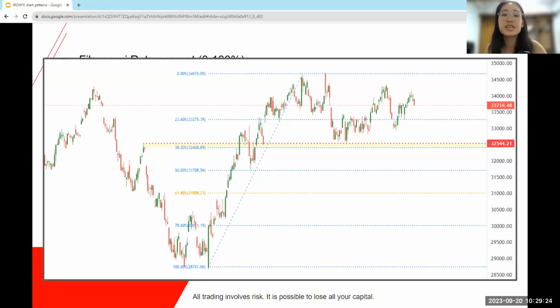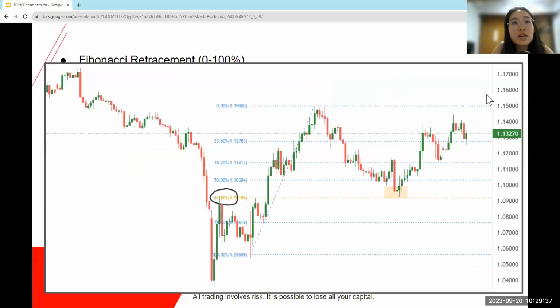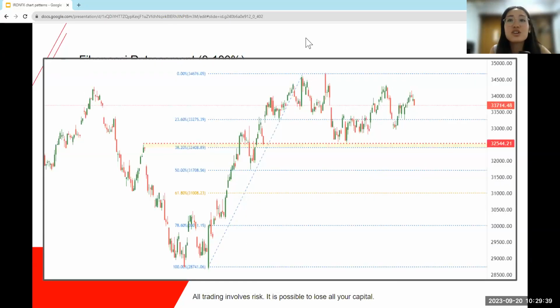Okay, here is another example of Fibonacci retracement. Okay, in this case, I'm doing it upside down here. So, oh, am I? No, okay, this is not upside down, sorry. So my starting point here, ending point here.